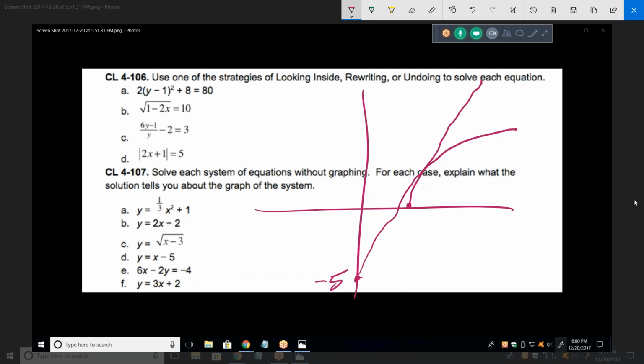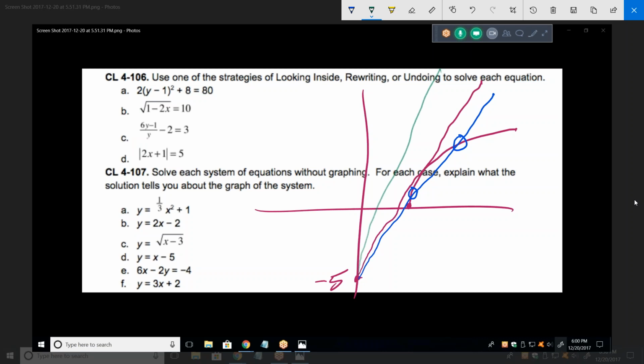Notice that if it did this, then you would have a solution there, and you would also have a solution there. And if it did this, you'd have no solution. In other words, you've got to have an intersection between the two curves to have a solution.